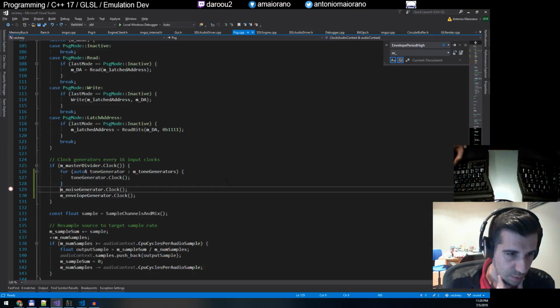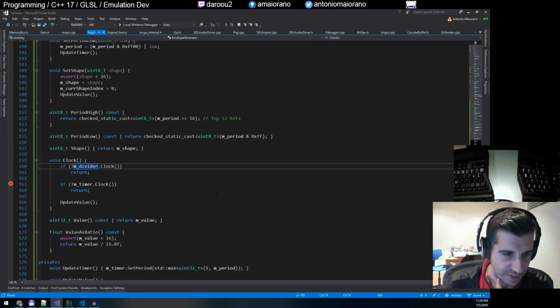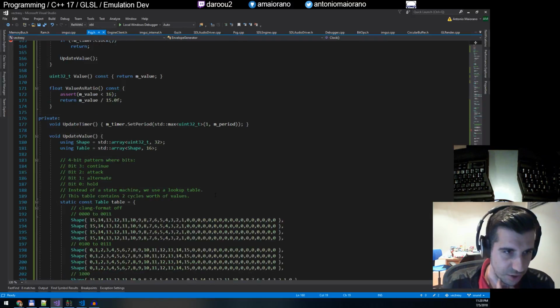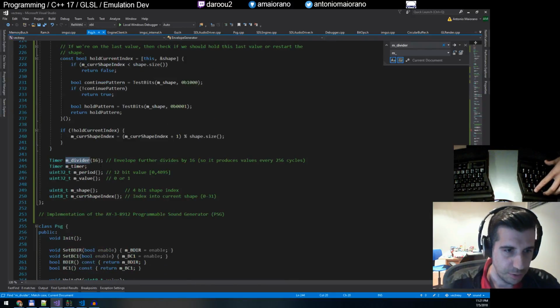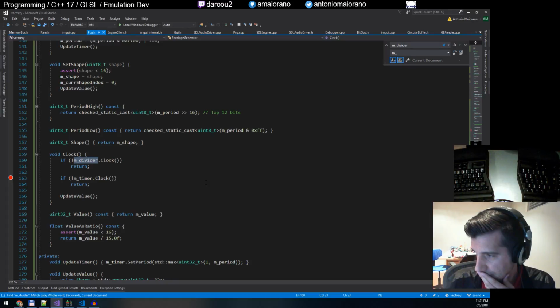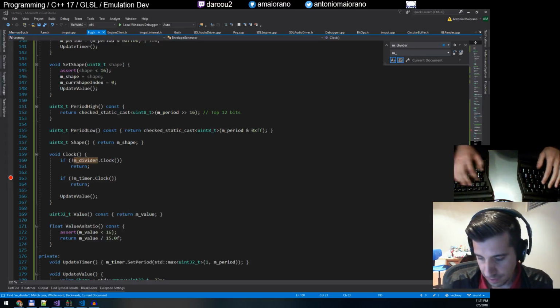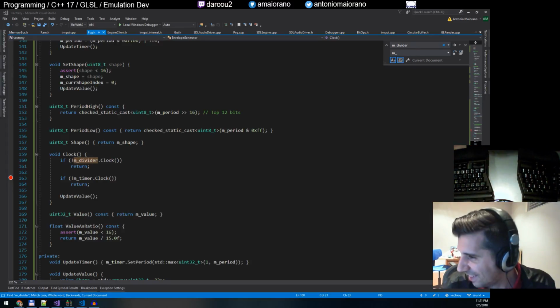Then, when we call the envelope generator's clock function, I have this further divider, which also is configured to be 16, to further divide by 16. You know what I mean? So that means 16 times 16, which is 256, if my math is correct.